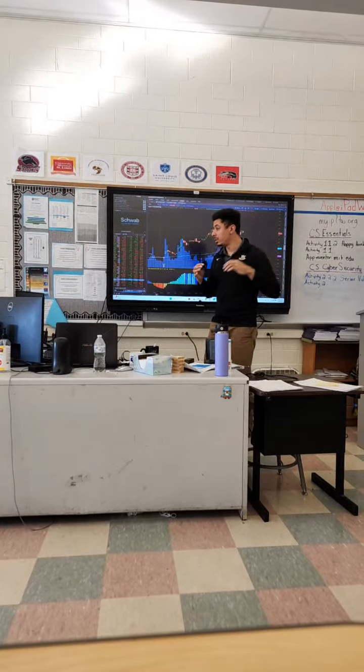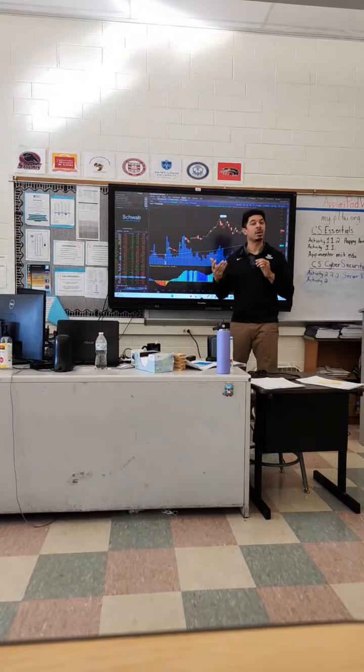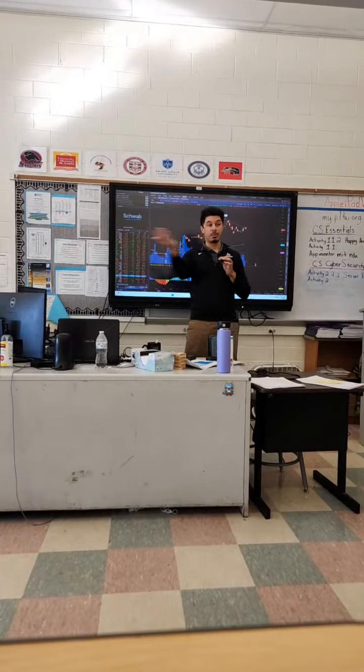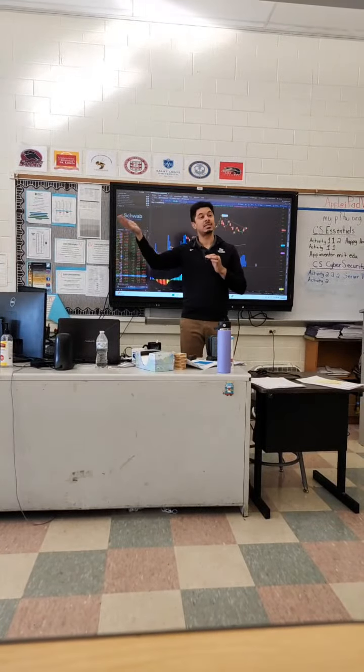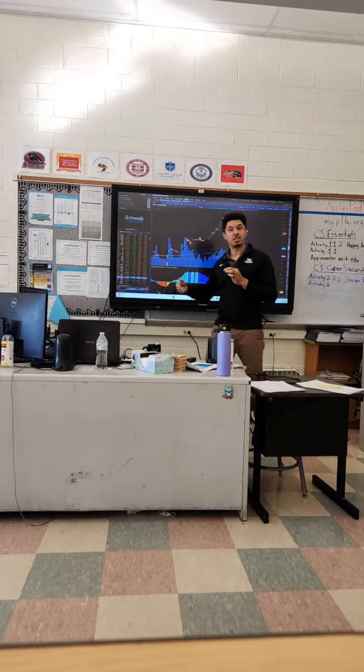When this thing called an IPO happens, an initial public offering, it gives anybody in the United States of America a chance to invest in your company. And that investment is in shares.